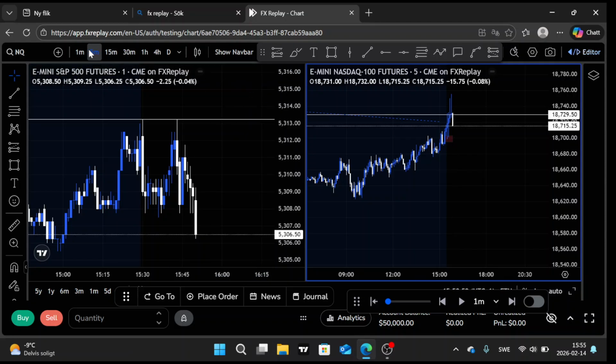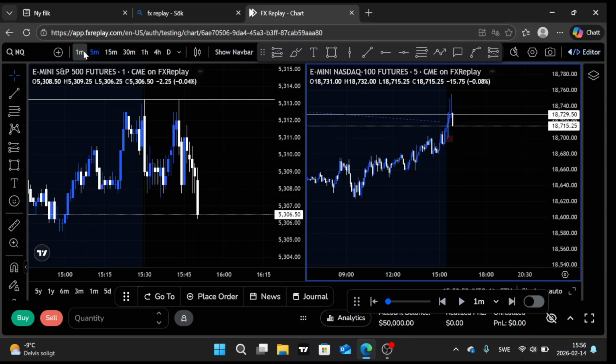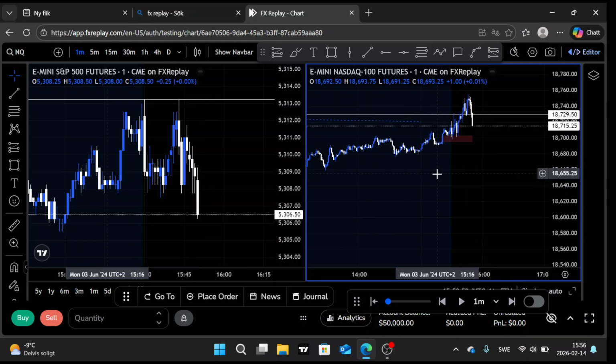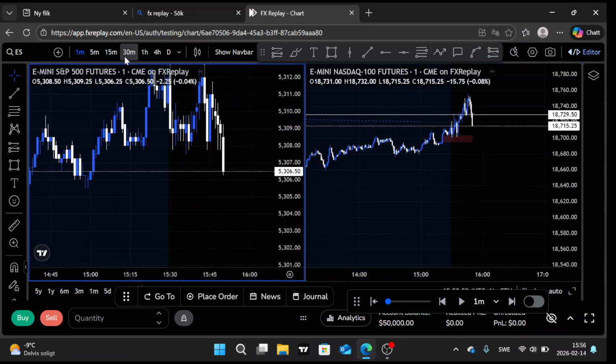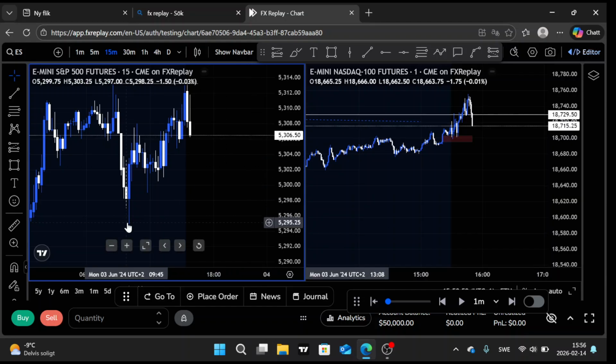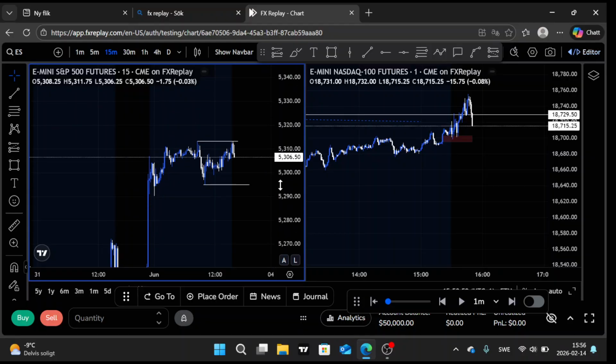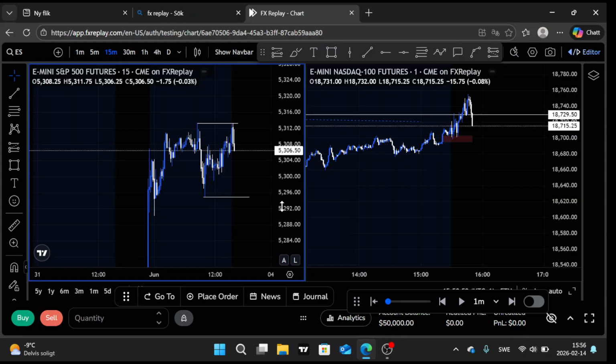So now on ES we still hold this SMT. We didn't break it, and we have a clear move downside. That's why I believe we on ES will go and take those lows, at least here with the drawn liquidity, and later on maybe lower.